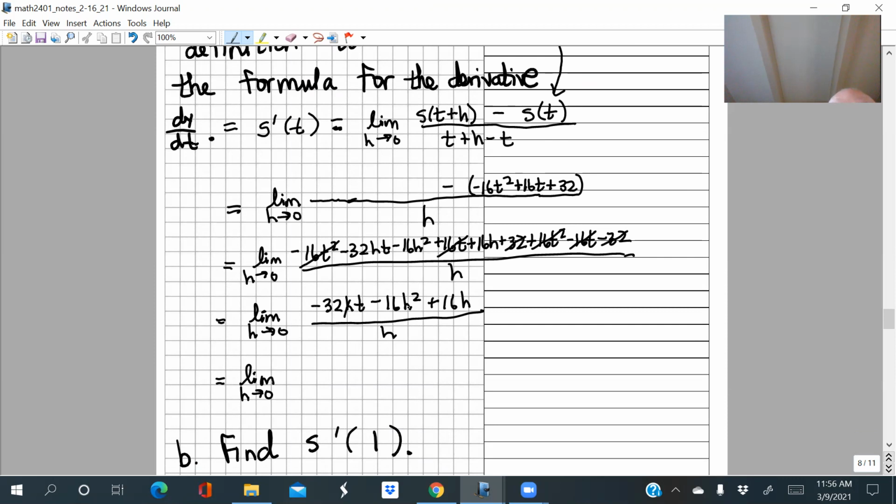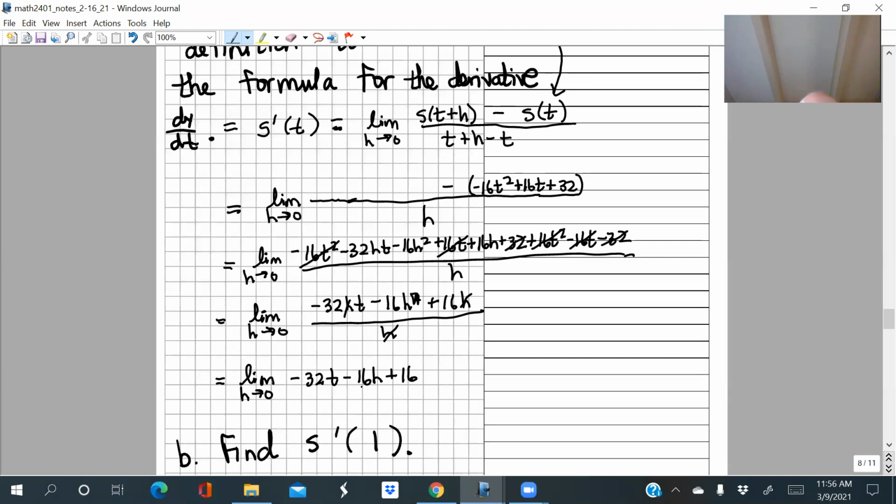You can divide this h into this h squared, and the h squared goes away. And then you can divide this h into this h, and this one will divide out. So what's left? You just get minus 32t minus 16h plus 16. That's the end of the algebra. So we finished the algebra.